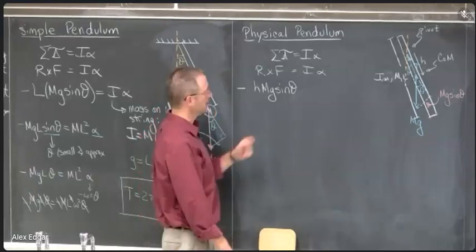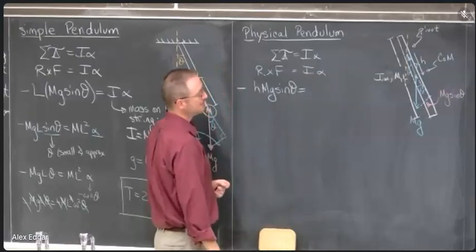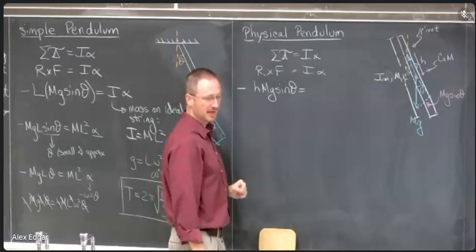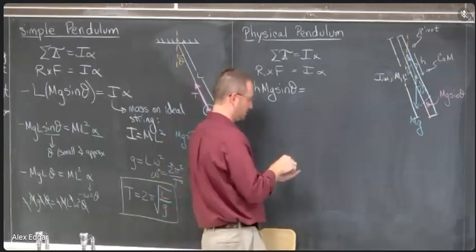On the right side, this I is going to be the rotational inertia of our object when it's not pivoted around the center of mass. And you need to remember that that is from the parallel axis theorem.